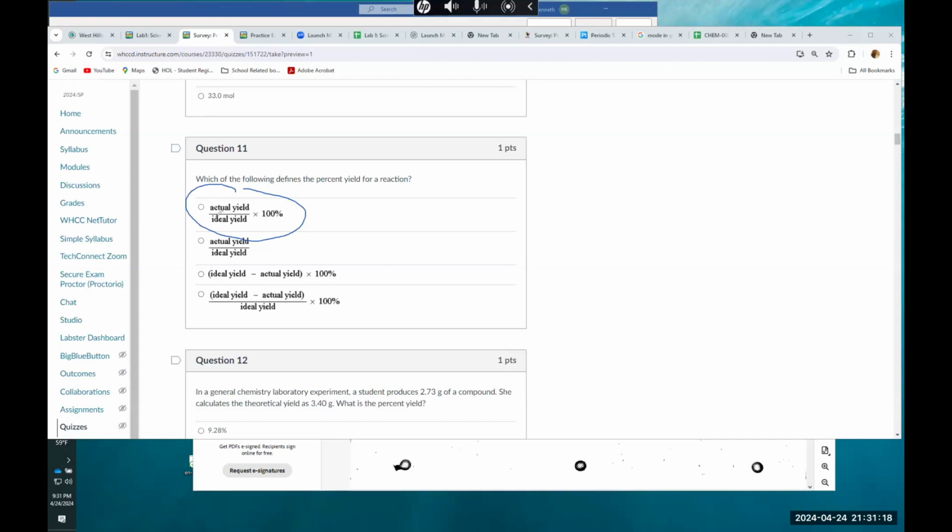He remembers it because of "Ay caramba." So A over the I, the actual over the ideal, and then you max it out by 100%. Oh, okay, I get it now. Thank you. You're welcome.